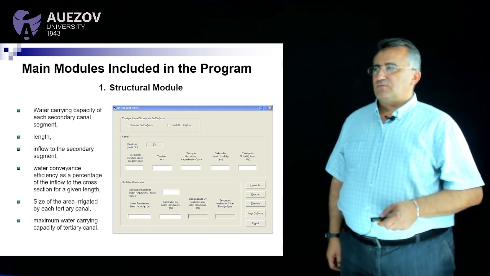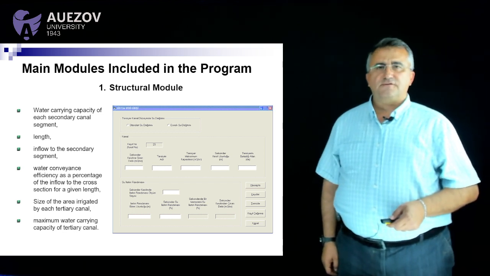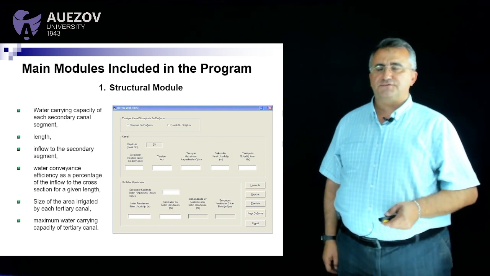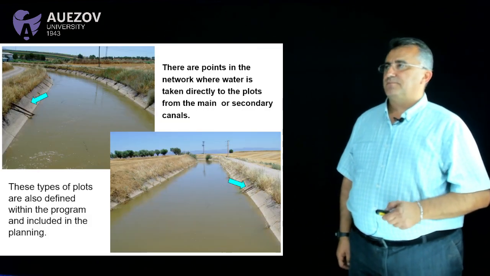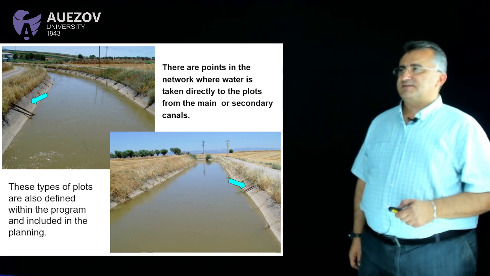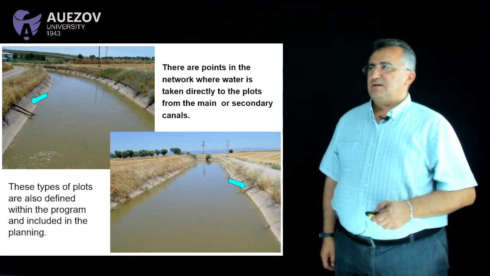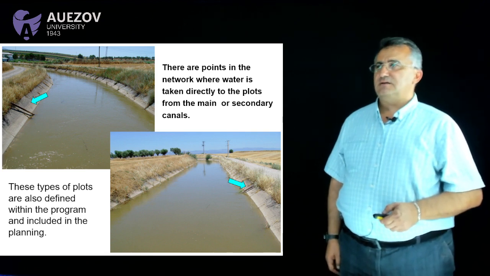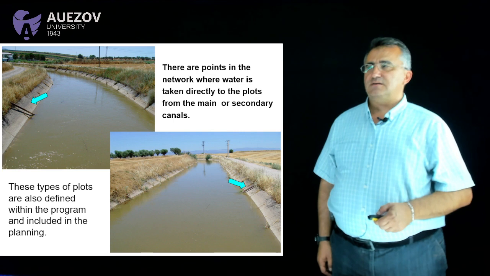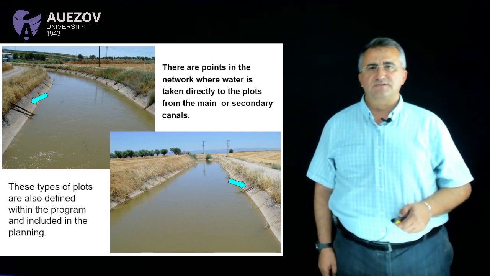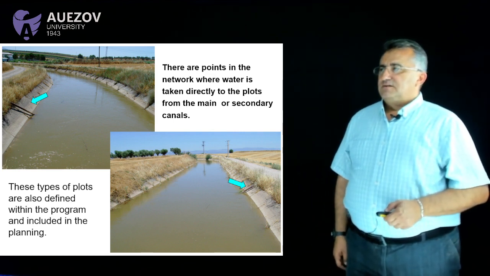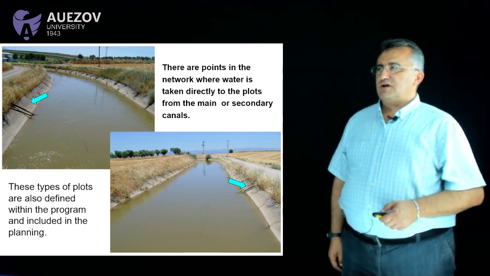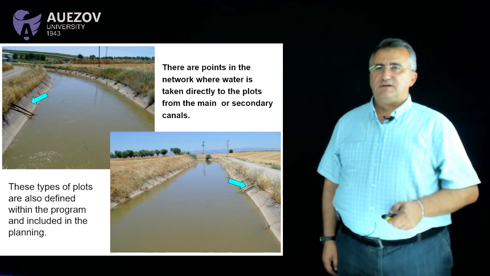Maximum water carrying capacity of the tertiary canal is the last component of this module. Yes, there are points in the network where water is taken directly to the plots from the main or secondary canals. These types of plots are also defined within the program and included in the planning.